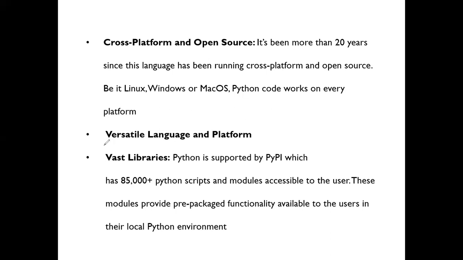Next, it is a versatile language and platform. Versatile means strong. It is very strong and supports all the platforms and criteria. Next, it has a vast number of libraries. Vast in the sense many. There are many pre-packaged functionalities available to all the users in the world.